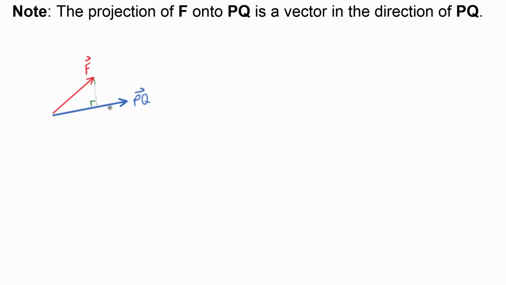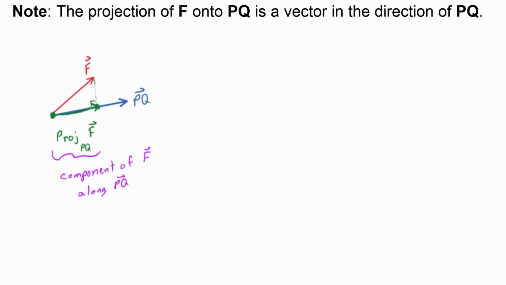And then the vector from here to here represents the projection vector. And it is a vector. We think of it as the vector component of F in the direction of PQ.